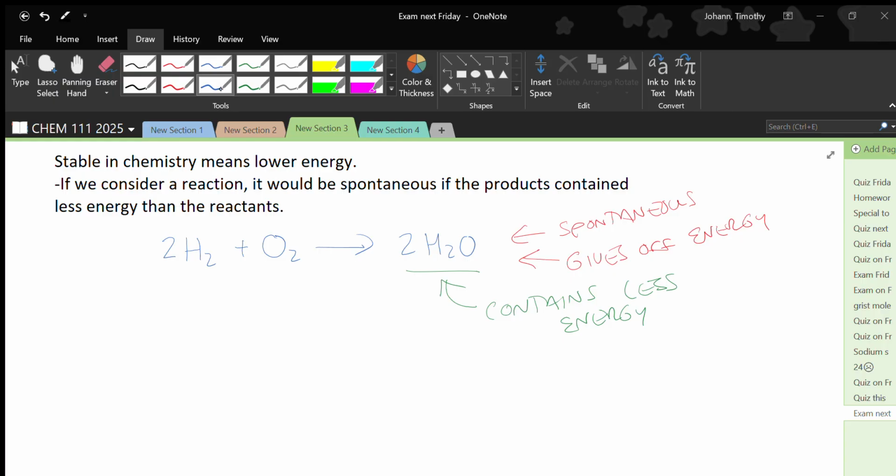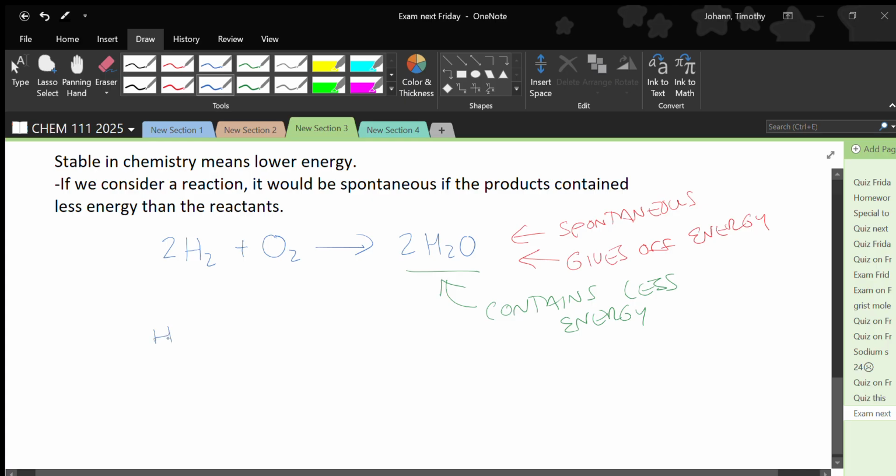But if I look at this, I have two hydrogens, and this would be our correct Lewis dot structure for hydrogen. If you go through your Lewis dot protocol, you will get that your best, and best is most stable, structure for oxygen looks like that. Diatomic oxygen looks like that. And then after that, we're going to make two water molecules, right?